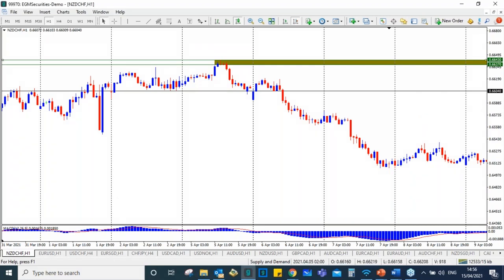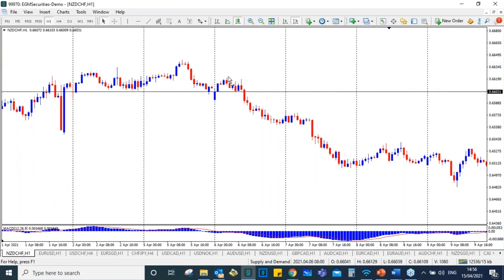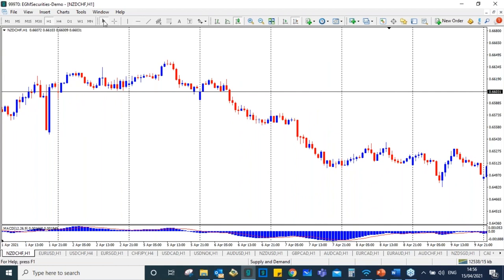So how do you draw? This is MT4. You come to this bar and click horizontal line. We start with our proximal line, which is based on the lowest level of the body, so we drop the line there.